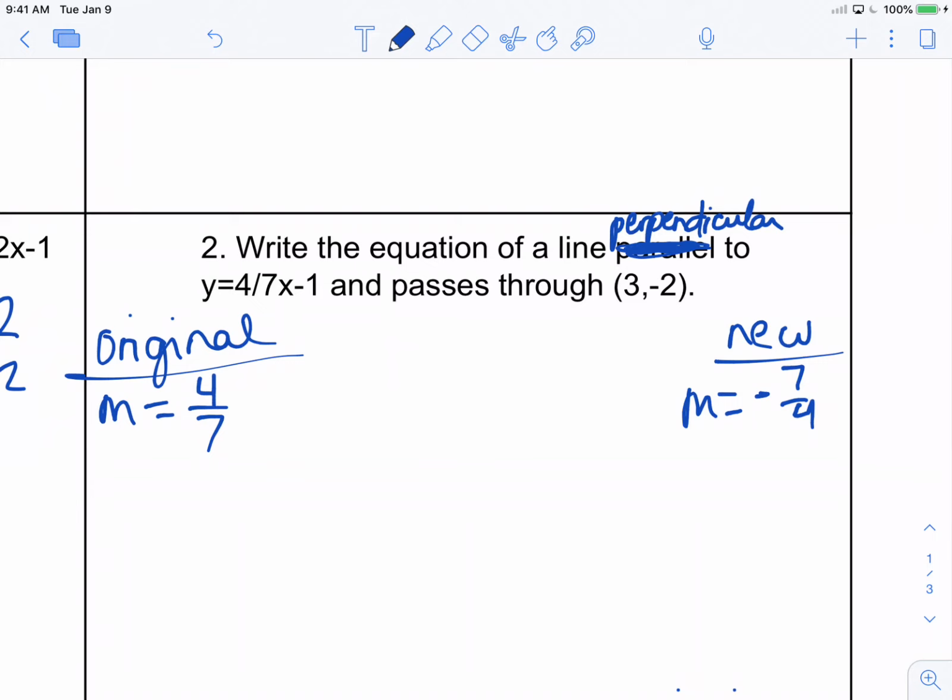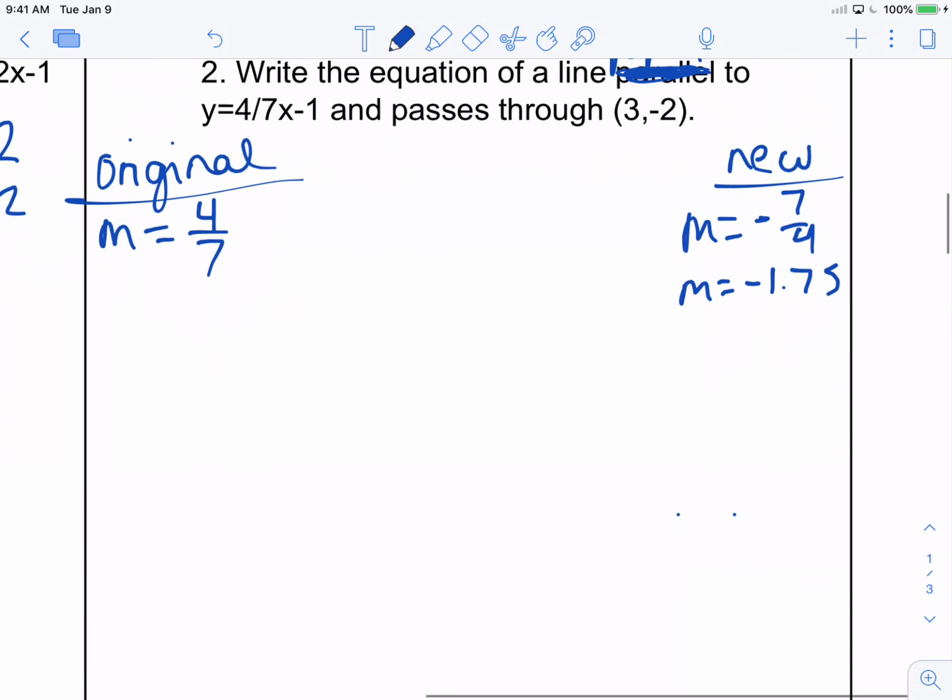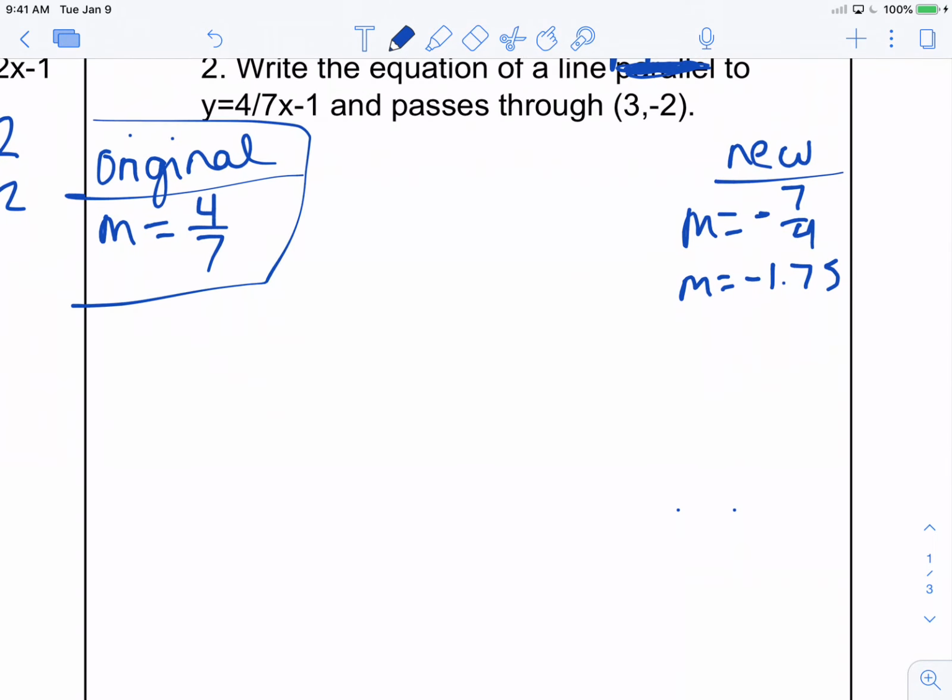If you don't like working with fractions, you can change this one to a decimal, which would be negative 1.75. I'm going to leave mine as a fraction, and at the end I'll also give you the decimal answer. I know that my line is going to look like y equals mx plus b, and I have my new slope, y equals negative 7/4 x plus b.